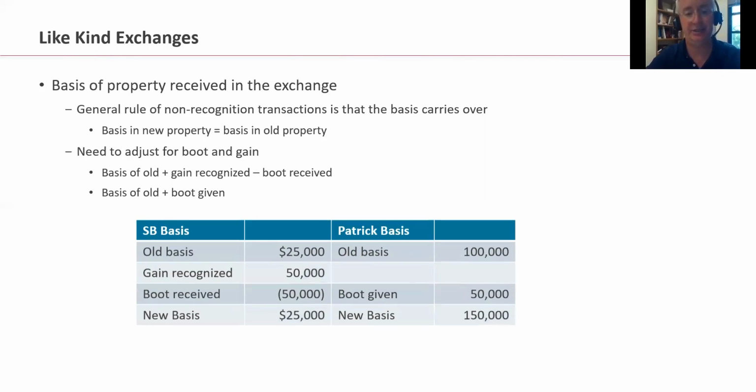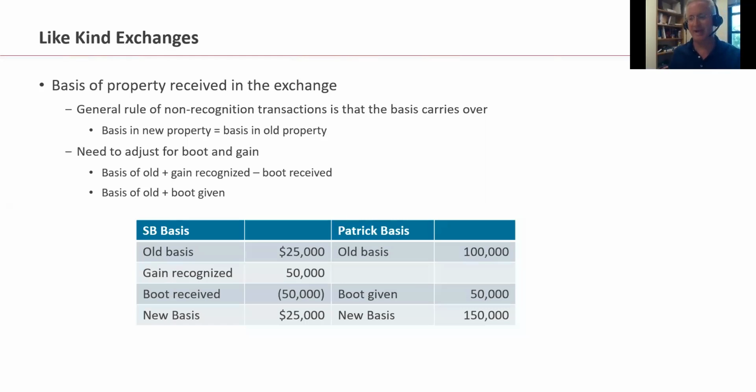Let's look at the calculations. So let's start with SpongeBob. SpongeBob's old basis in his pineapple is $25,000. Recall he recognized gain of $50,000. That's because he received boot of $50,000. His new basis is $25,000. Look at that, the general rule applies. The basis in his old property is the basis in his new property. So he's got a rock and he just starts depreciating the $25,000, right?